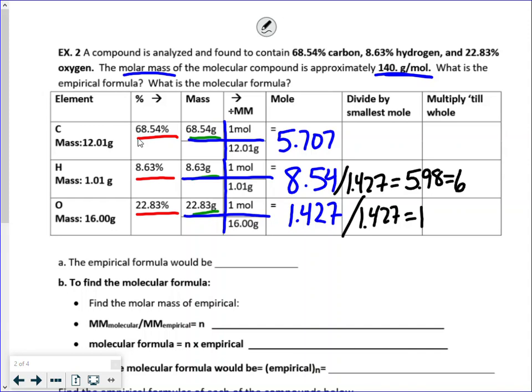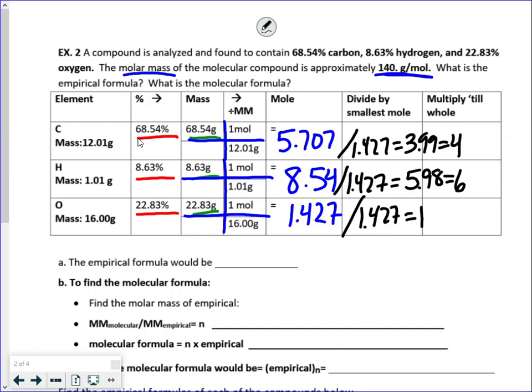Okay, so we're going to make that a 6 because it's very, very close to 6. Like so. It's virtually 6, so that's what we're going to do. And then the last one, the 5.707, divide that one. So this one ends up being 3.99, so we're going to make that a 4.